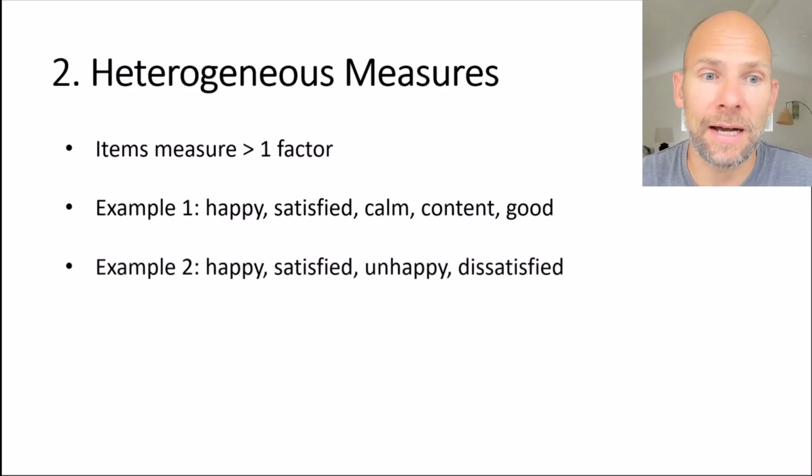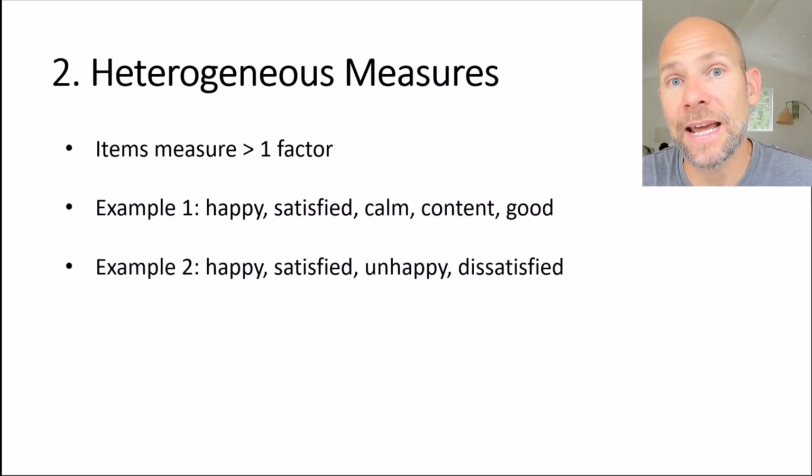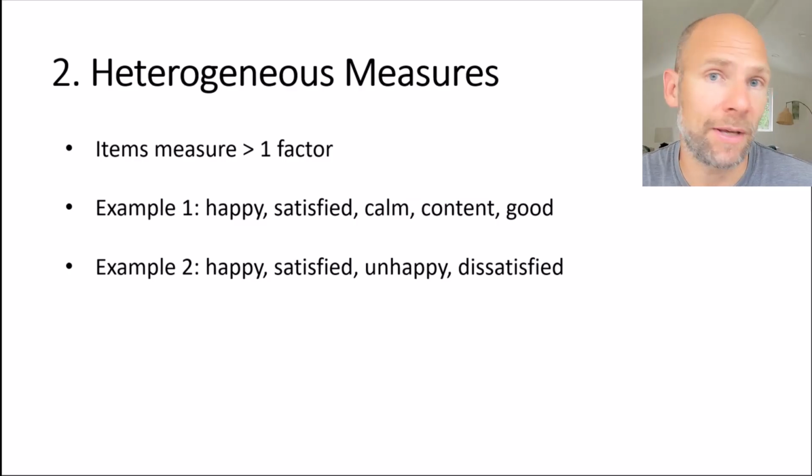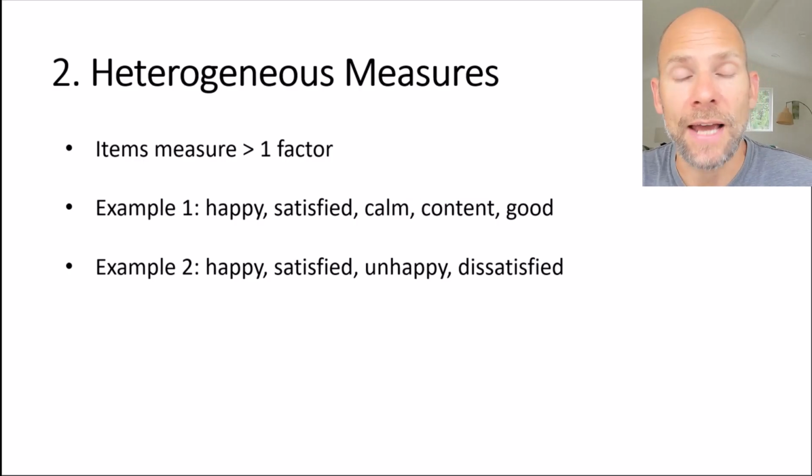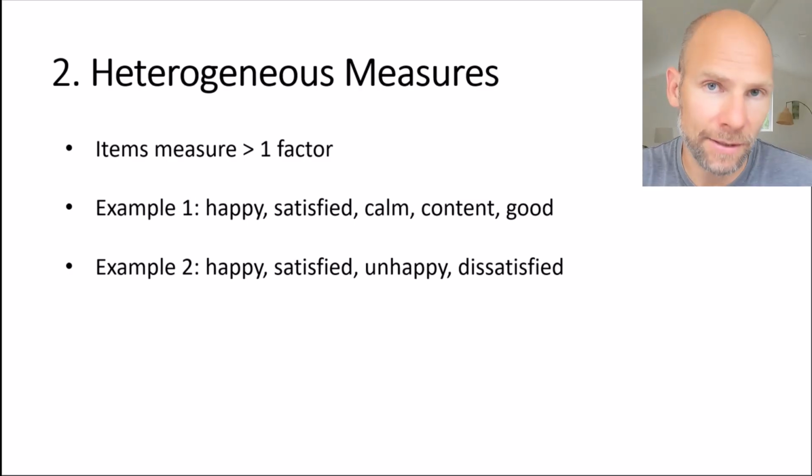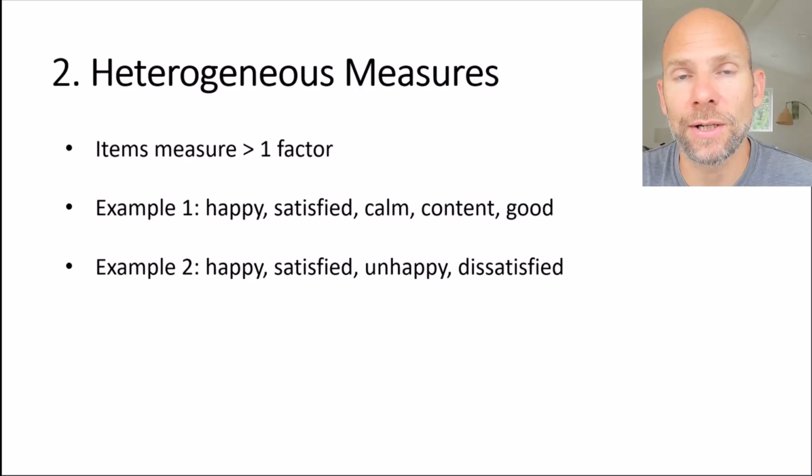Here's another example when you have positively and negatively worded items. Happy and satisfied on the one hand, and then unhappy and dissatisfied on the other hand. Oftentimes when you have positively and negatively worded items, again, this violates the factor analytic assumption of unidimensionality, or the classical test theory assumption of unidimensionality in measurement models. So you might find two factors as opposed to just one factor.